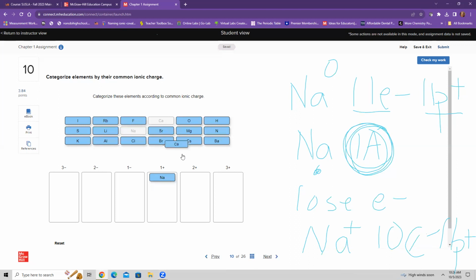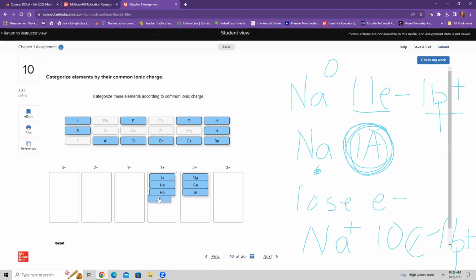Calcium is 2+ because it's in 2A. All the metals, we're just going to do all the metals. Rubidium is 1+ because it's on the first column. Lithium, +1. Strontium is a +2 because it's in 2A. Magnesium, another 2A.